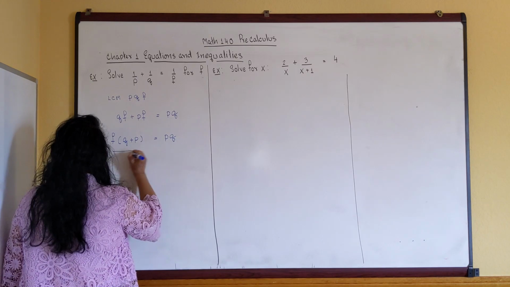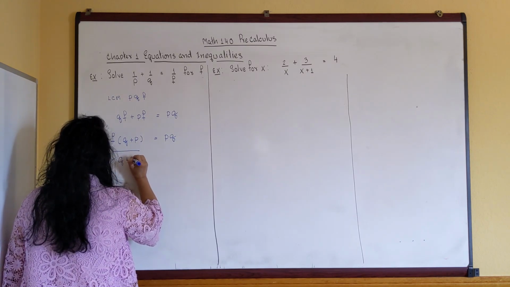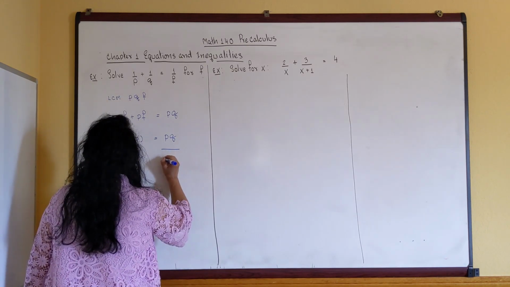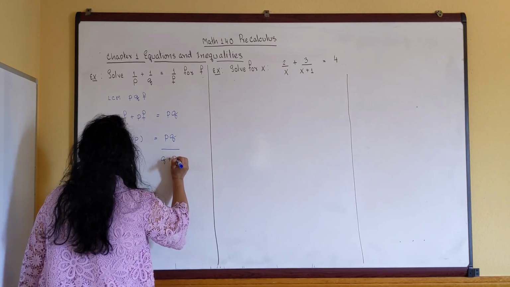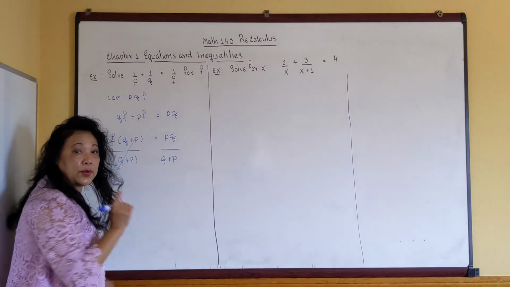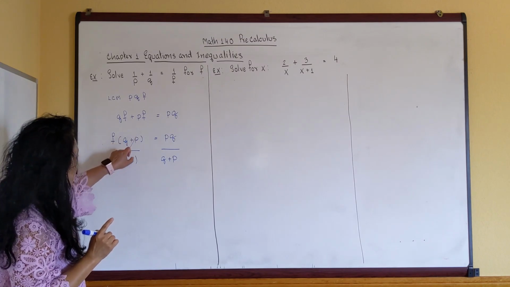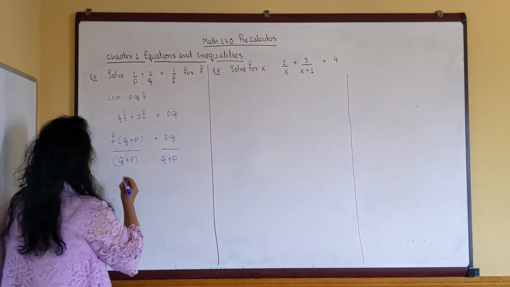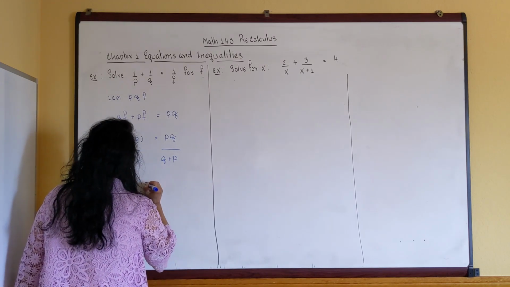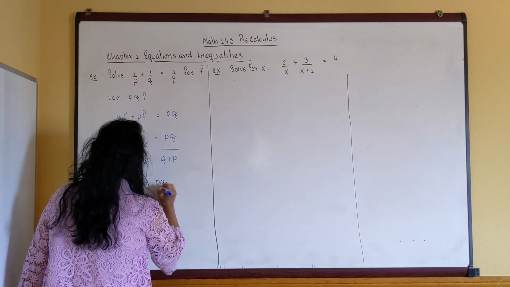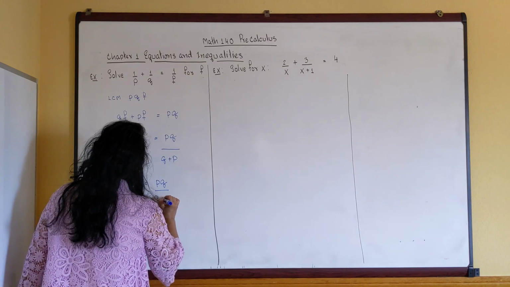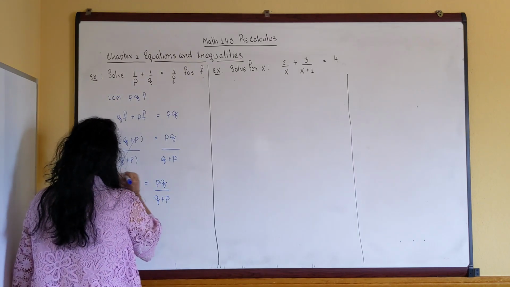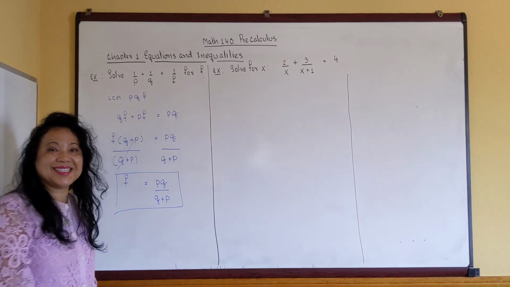Then I have f by itself. Remember, I don't cancel q and q, p and p, I mean the whole thing, because you have something times something else. So I have f equal to PQ over Q plus P. So that is my answer.